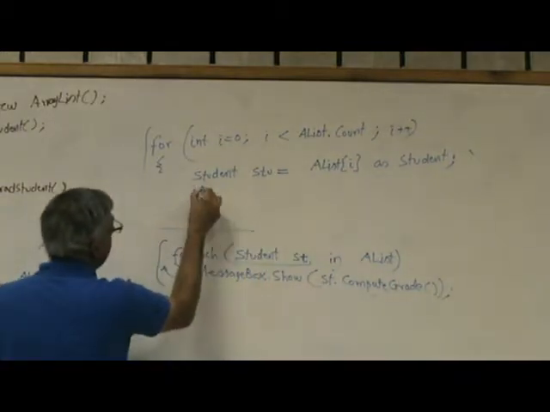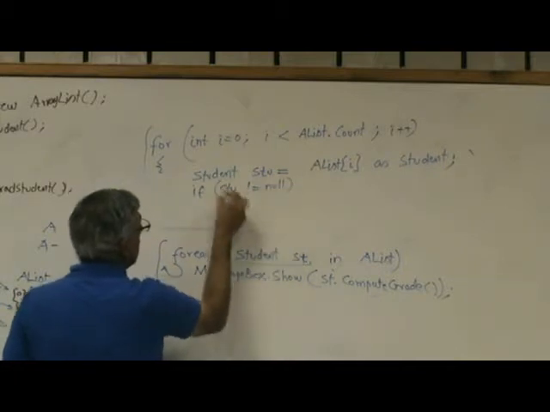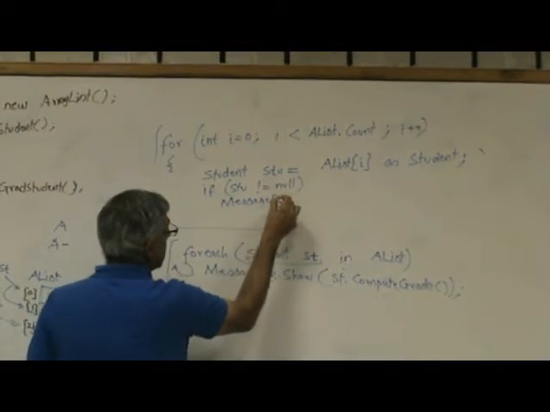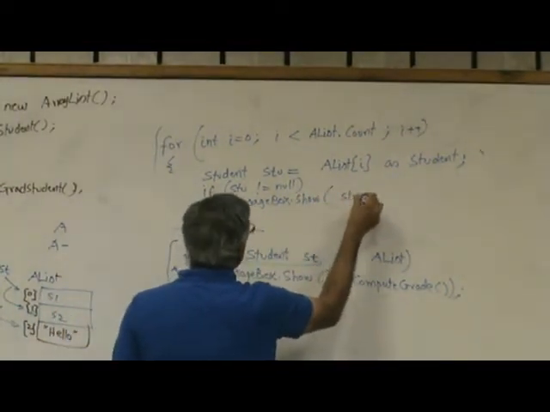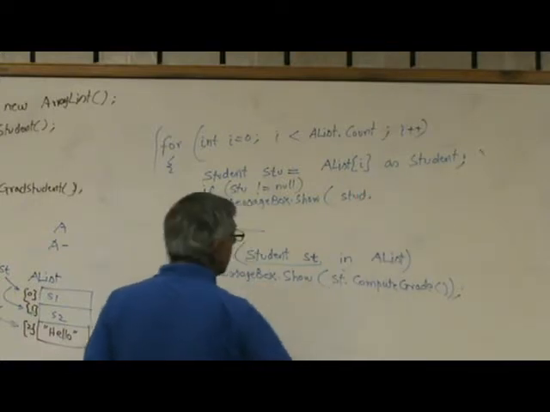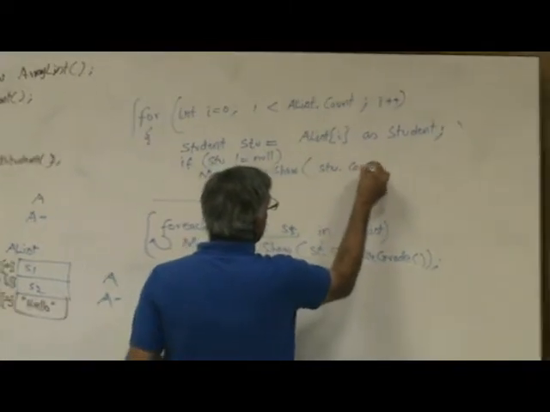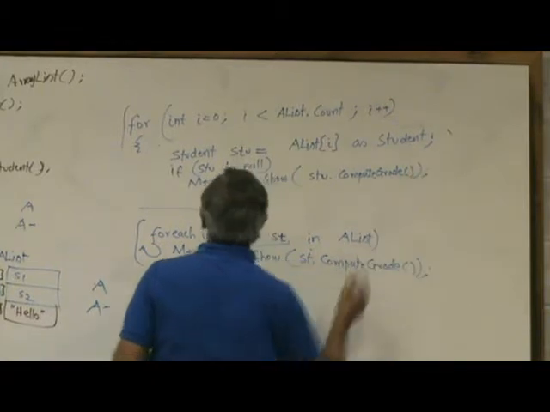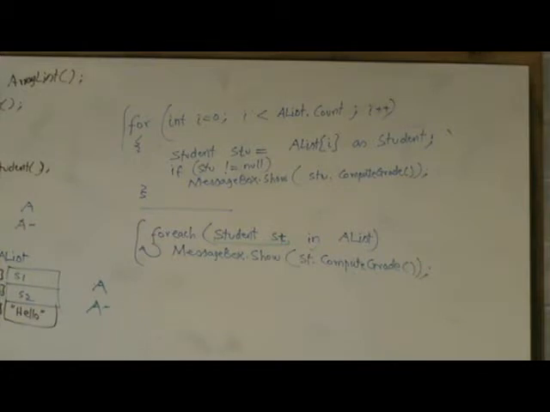If STU not equal to null, then message box dot show stu dot compute grade. So we will change the code to look like this.